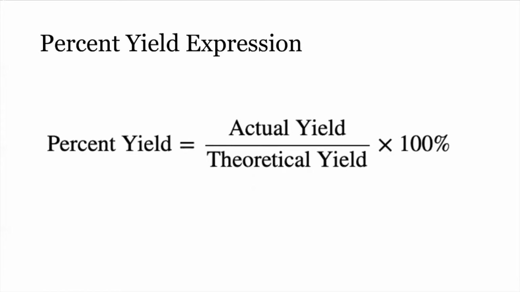Typically percent yields are understandably less than 100% because of the reasons indicated earlier. However, percent yields greater than 100 are possible if the measured product of the reaction contains impurities that cause its mass to be greater than it actually is.